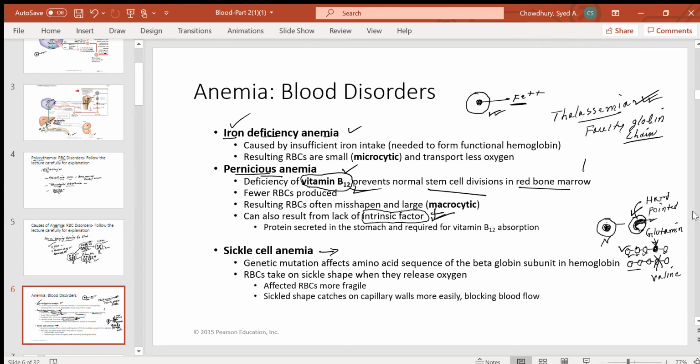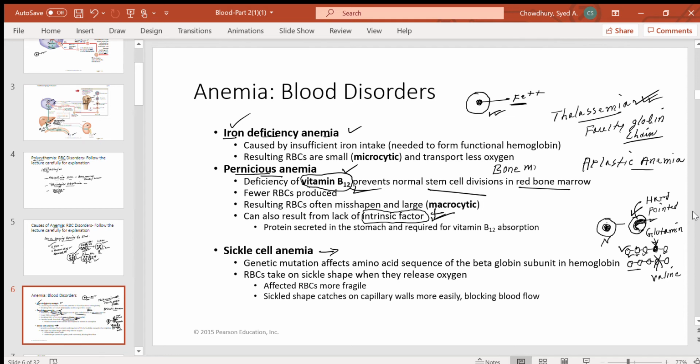There is another type of anemia that happens due to the depression of the bone marrow. If the bone marrow is depressed, that is called aplastic anemia. You know that bone marrow produces the red blood cells, all blood cells, right?